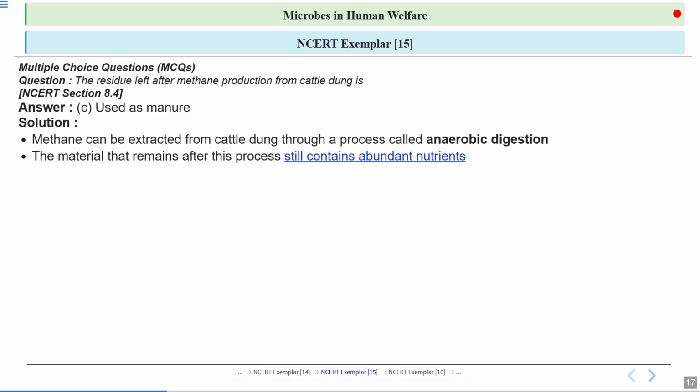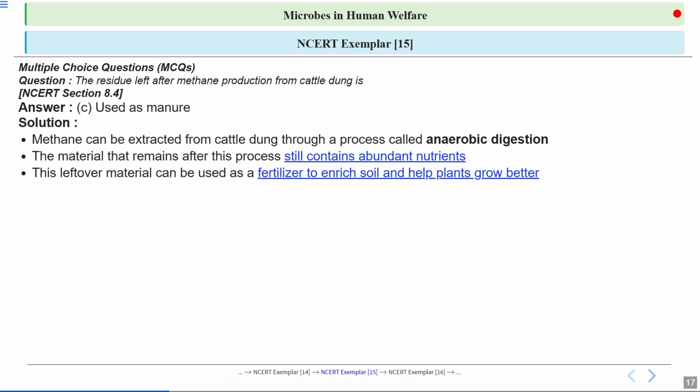Now, the material that remains after this process still contains abundant nutrients. Even though microbes have done their job of producing methane, they don't remove all the valuable substances from the dung, meaning it is still nutrient rich. Finally, the leftover material can be used as a fertilizer to enrich soil and help plants grow better.